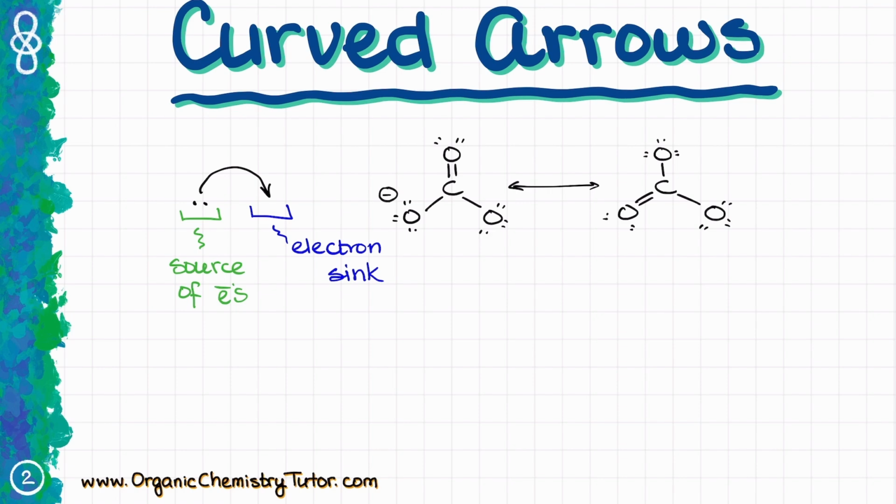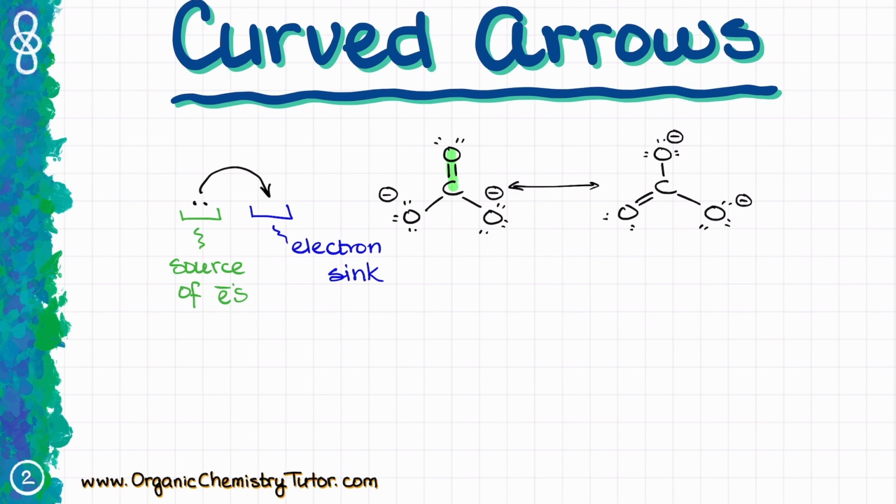Of course, I'm going to show my negative charges over here because we want to make sure that we are not missing any charges, because as I've mentioned before, charges are not implicit. So what I am noticing here is that I had electron density over here between my carbon and oxygen.